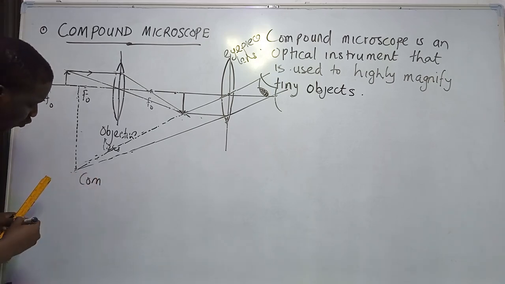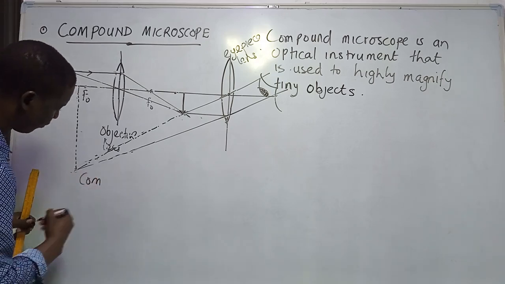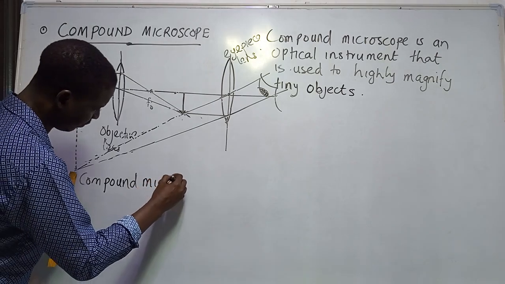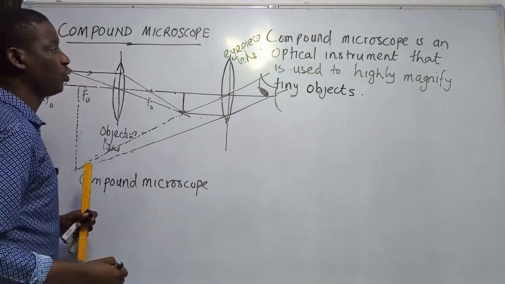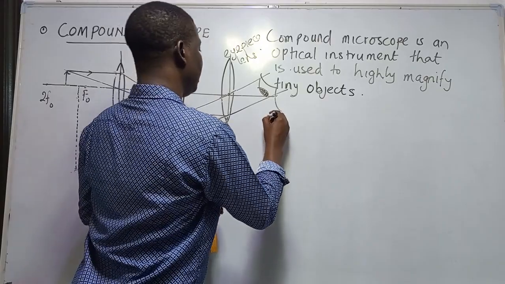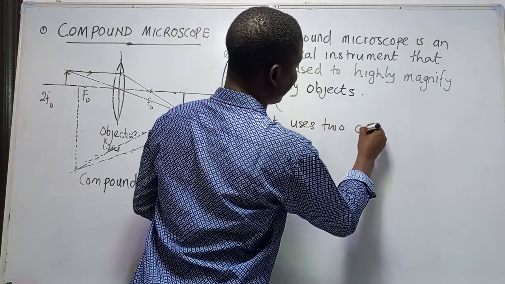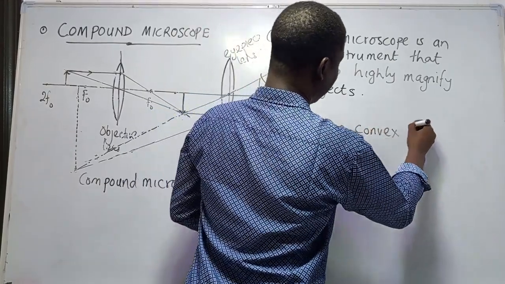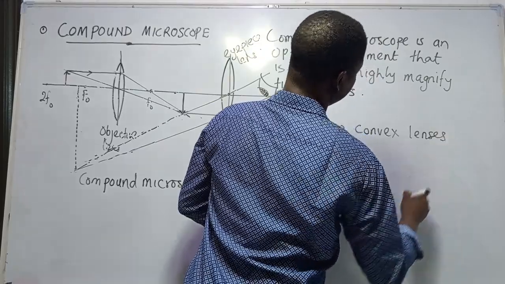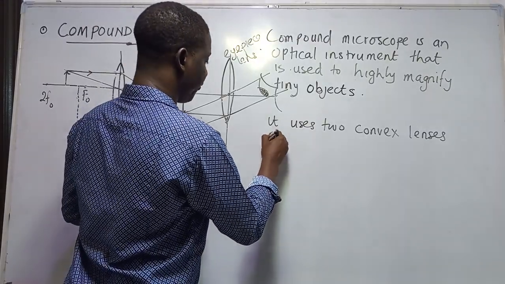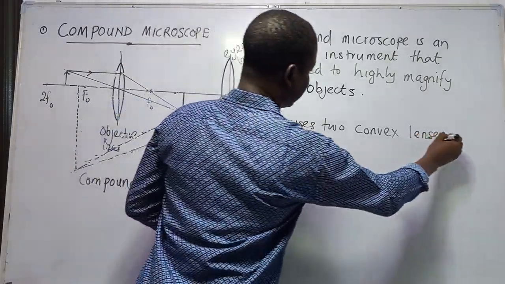Now, what can we bring out from this compound microscope diagram? It uses two convex lenses, or converging lenses.